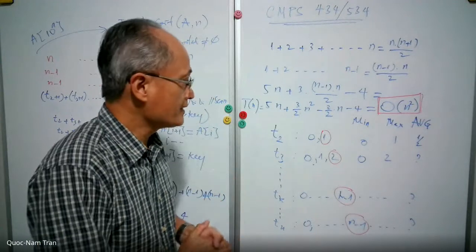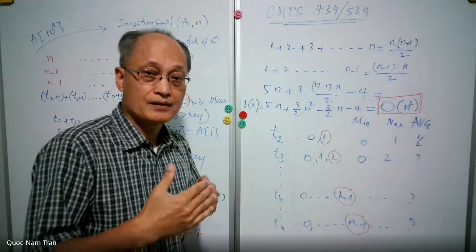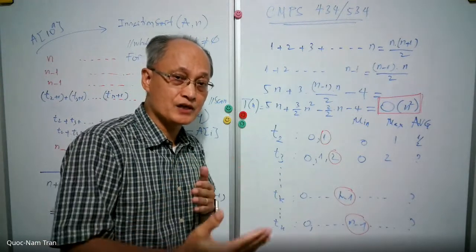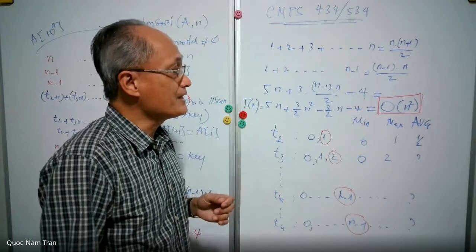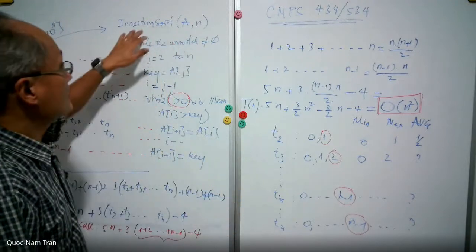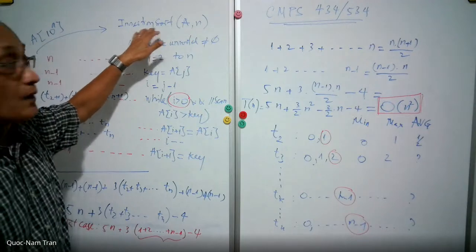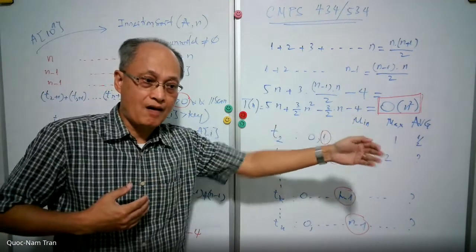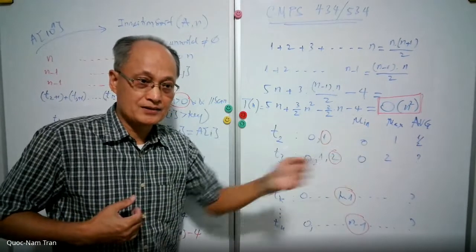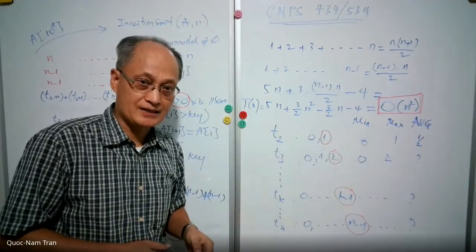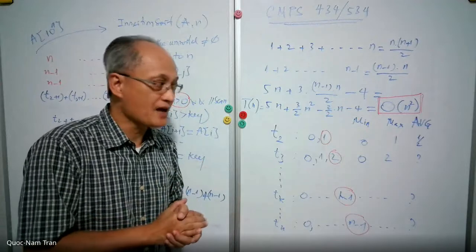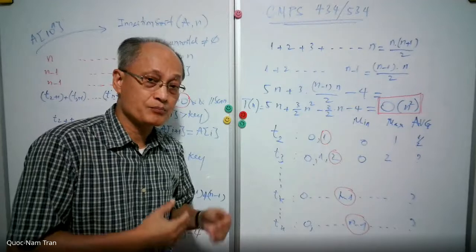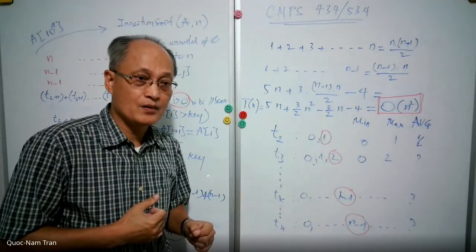So that's why we want to look at the average case. Average case means that we run the insertion sort on an arbitrary list of input numbers. So what would be the average case? In practice, the average case is the very precise number we want.